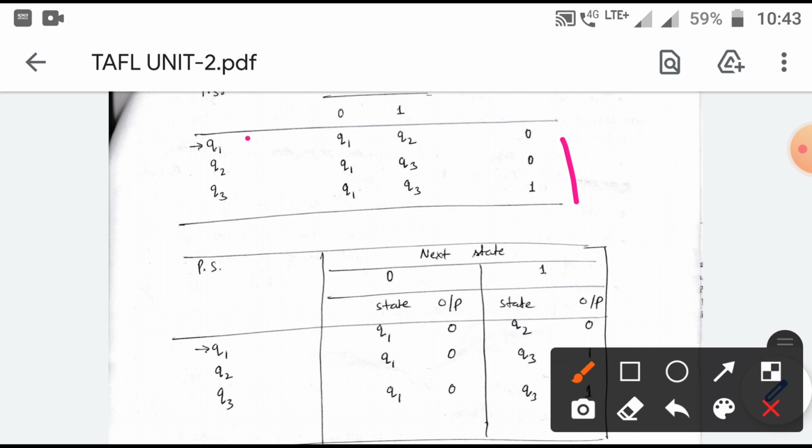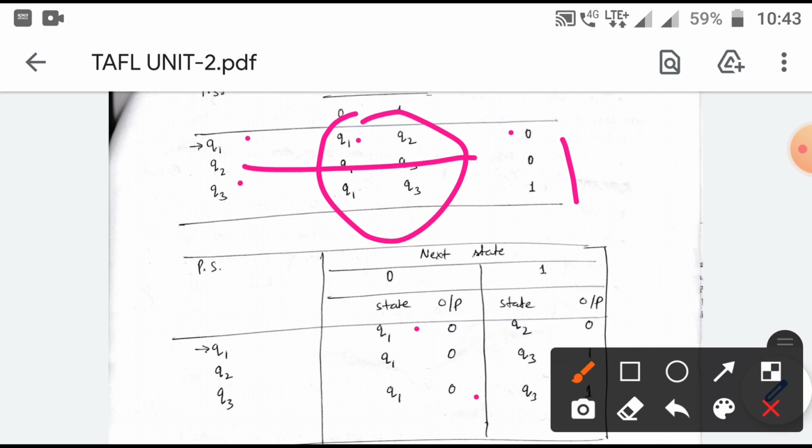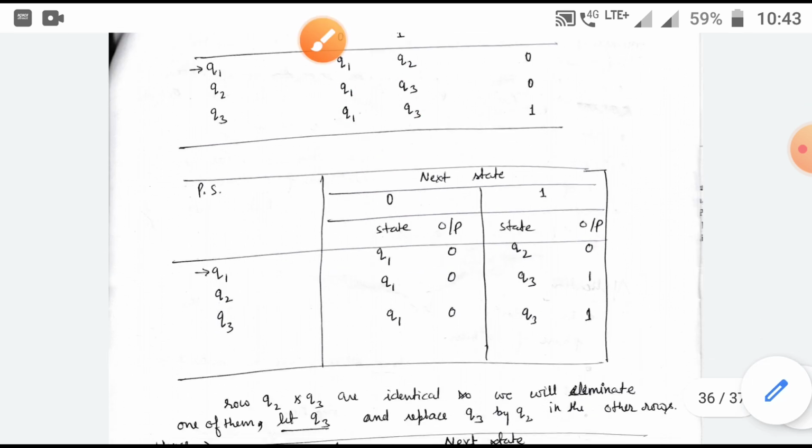Since Q1 is associated with 0, every Q1 in this portion will be associated with 0. Q2 is associated with 0, so every Q2 in this portion will be associated with 0. There is only one Q2, so no problem. Q3 is associated with 1, so every Q3 here will be associated with 1.